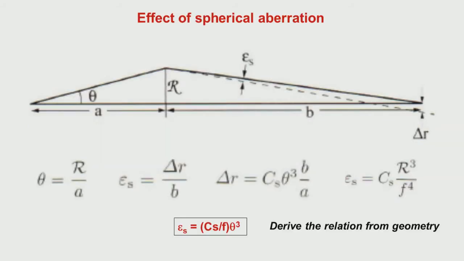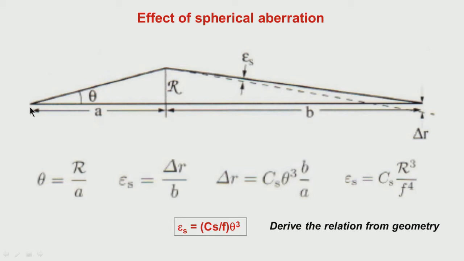As I mentioned, spherical aberration can be corrected for a lens. Let us look a little bit in detail at how spherical aberration gives rise to a phase shift. That is what is considered in this diagram.